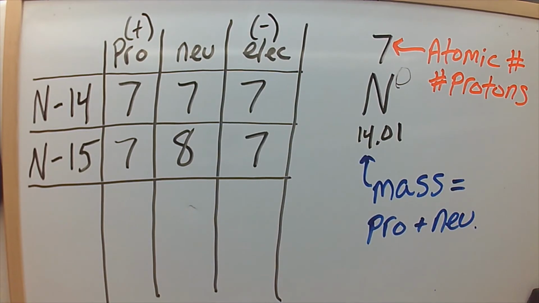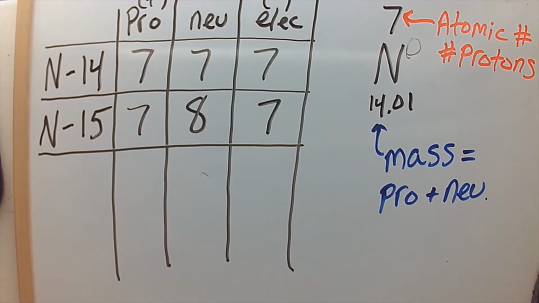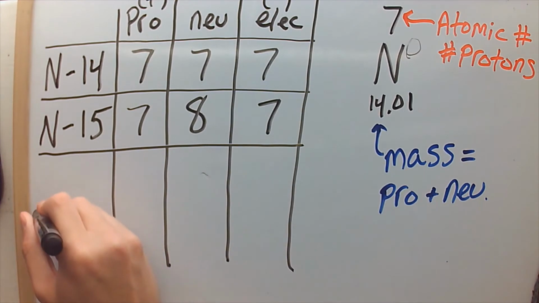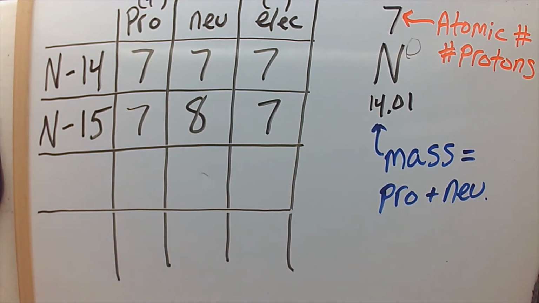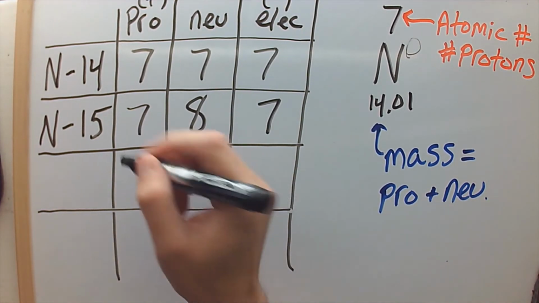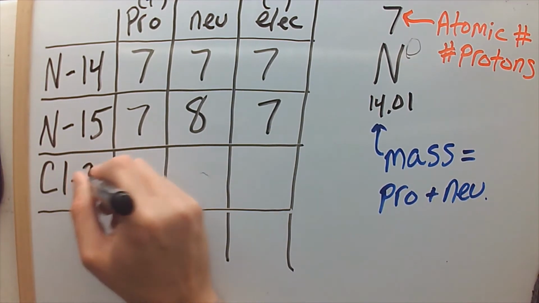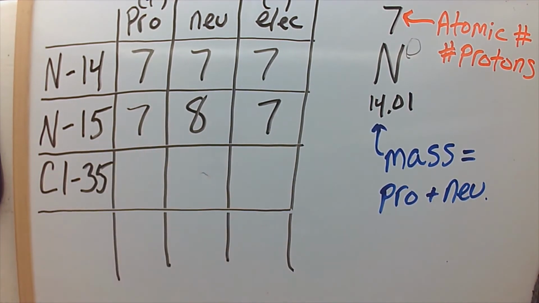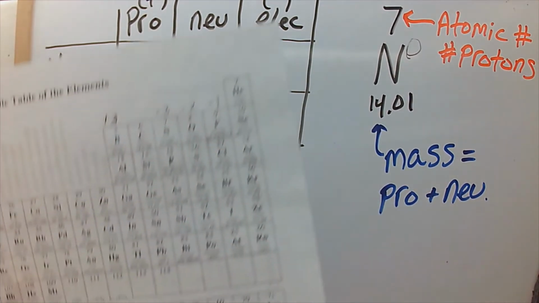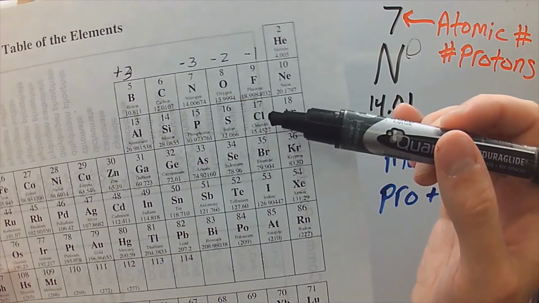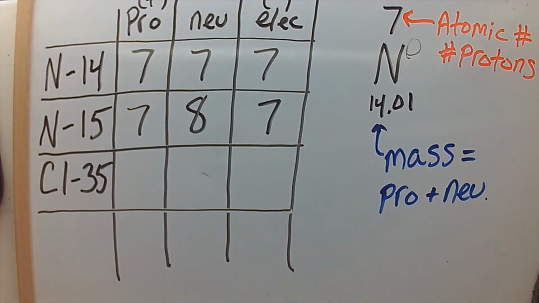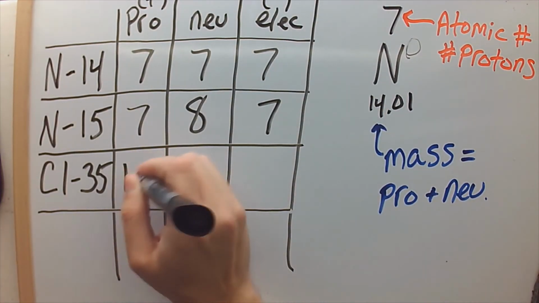Right, let's do one more. So for instance, if we do chlorine-35, again, you go to the periodic table, it's right here. You find chlorine. Its atomic number is 17. That means it has 17 protons.